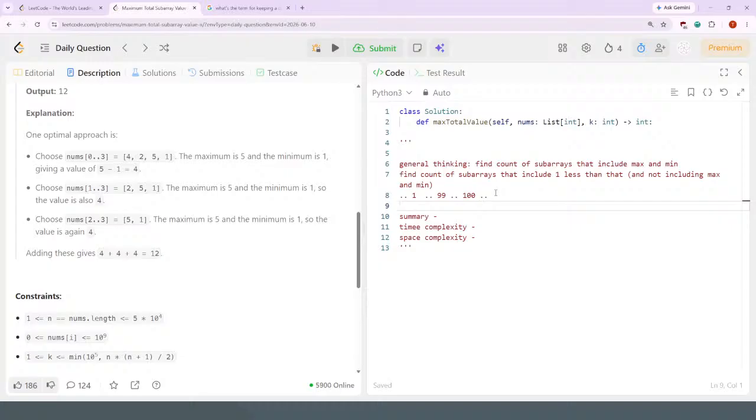So you have a 1. You have 1 and a 99. So if you have something lower, let's say there's a 2 here, or let's say this is a 10 and there's a 1 here.